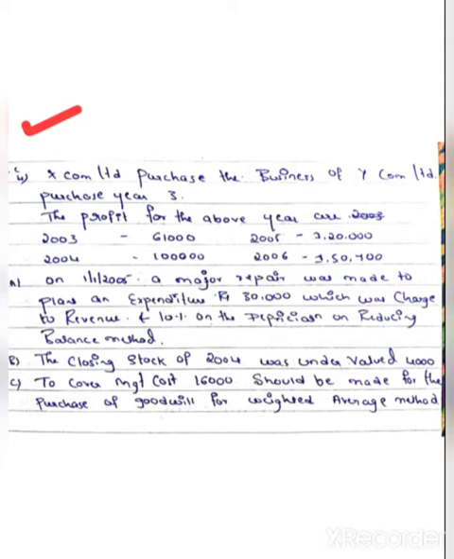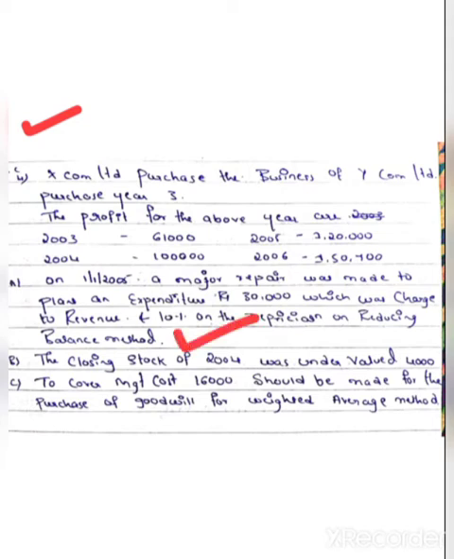So here also, plant expenditure of rupees 30,000 which was charged to revenue means 30,000 will be added because the word debit is not given. Next, 10% depreciation on reducing balance method. Reducing balance method means depreciation is automatically a less. The first point is completed.